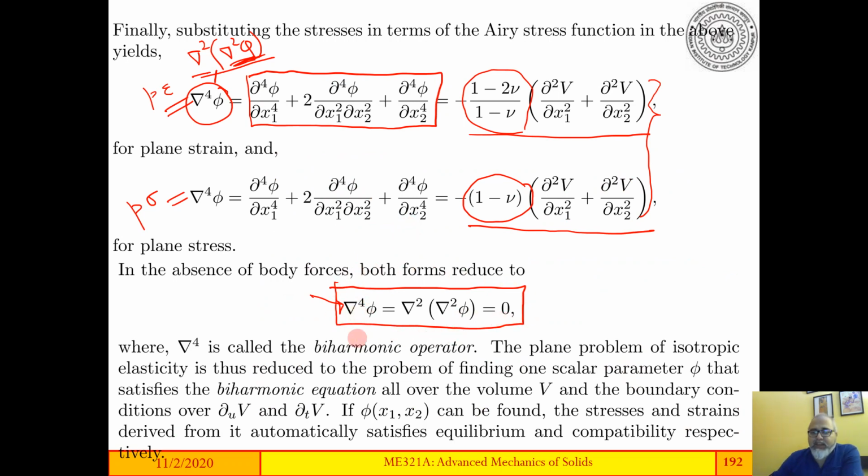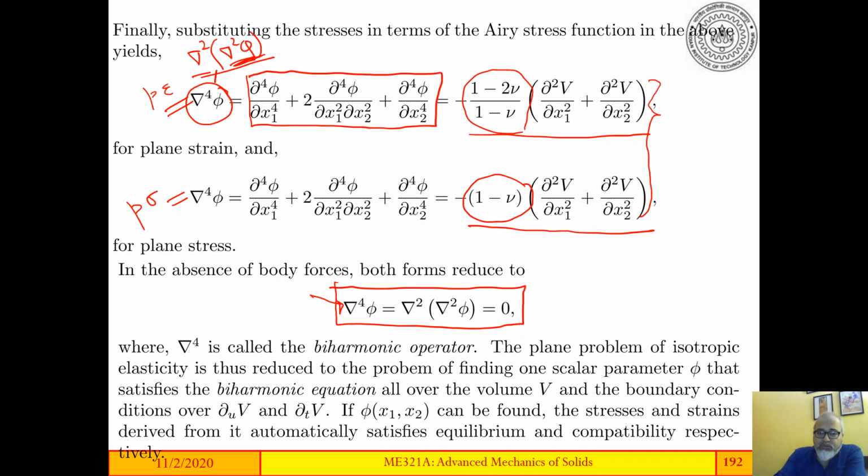So this biharmonic equation again is in terms of one scalar function of x1 and x2, that is phi. But if you find phi, you are guaranteed to satisfy both the compatibility as well as the strain displacement relations, as well as the equilibrium equations, and as well as the constitutive equations of linear isotropic elasticity.